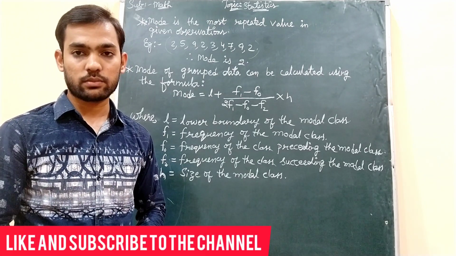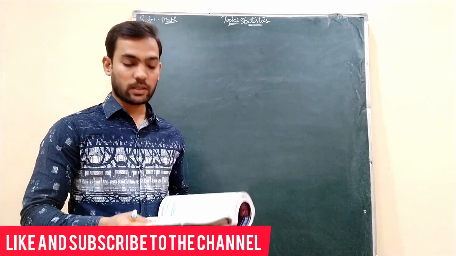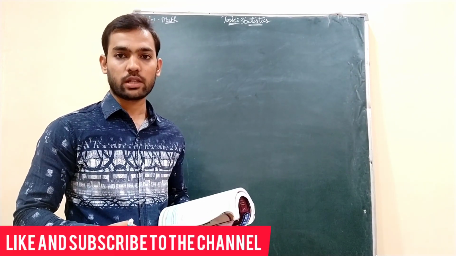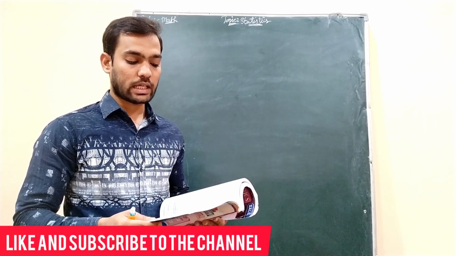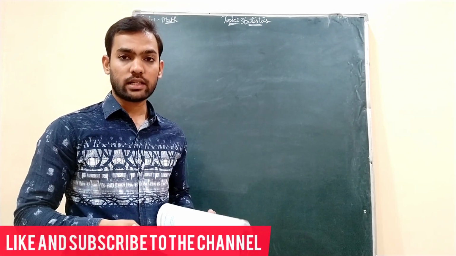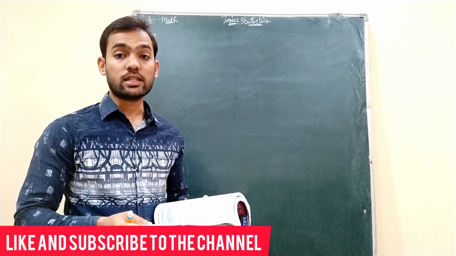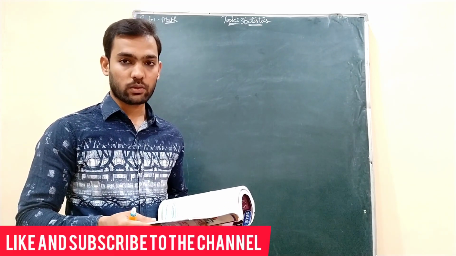Just have a look in your textbook. What does this question say? The following table shows the ages of the patients admitted in a hospital during a year. This data shows the ages of the patients that have been admitted in a hospital for a particular year.